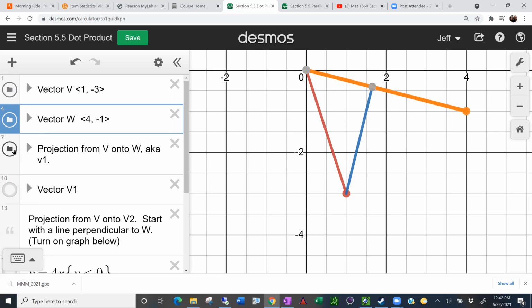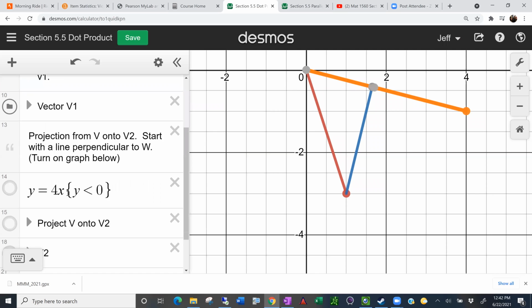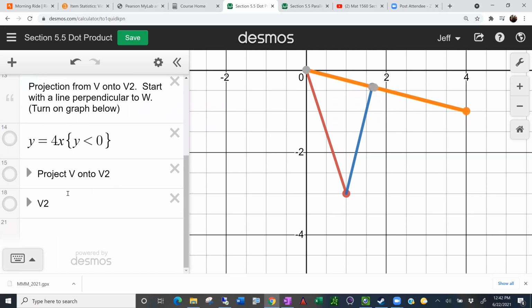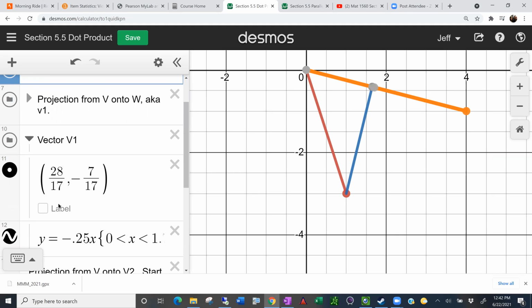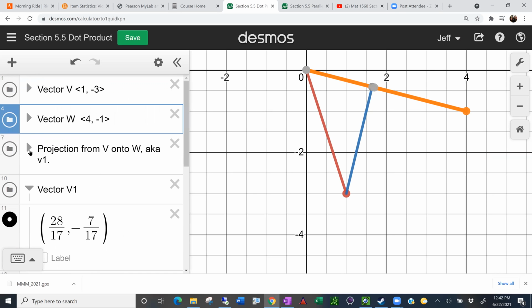how come this isn't showing up? What's going wrong with vector V1? Well, you can see that I've got the same thing going here. Okay, so there you go. There's our vector V1.